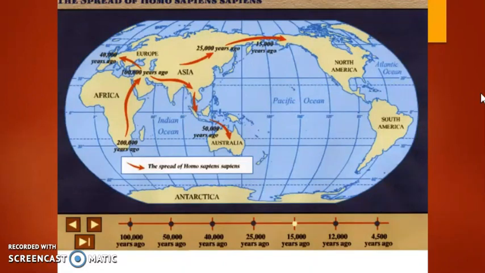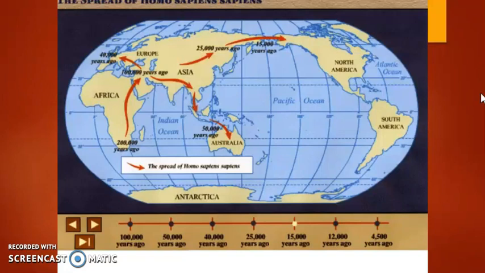This is where at this time in history, there was a lot of ice because it was during the last ice age. And because there was so much ice, a lot of the oceans were frozen. And so this frozen water kind of pulled the oceans up and allowed for land to exist between Asia and North America.